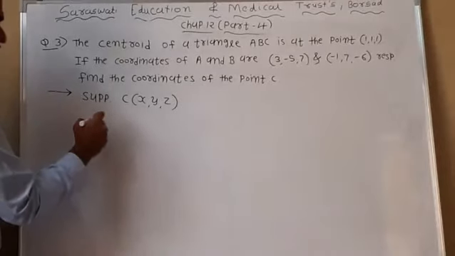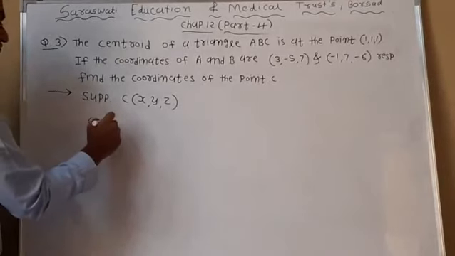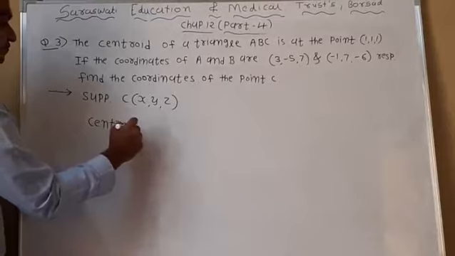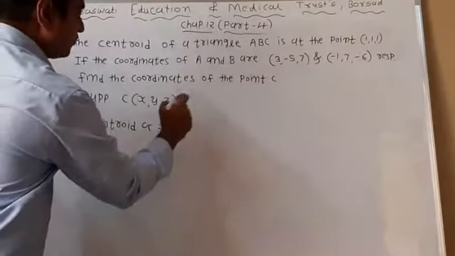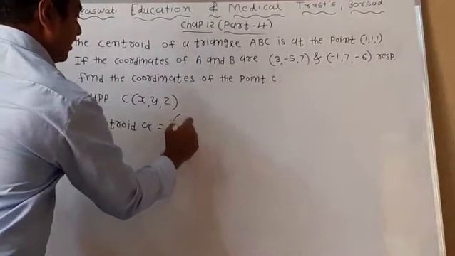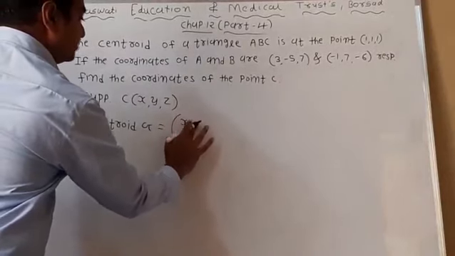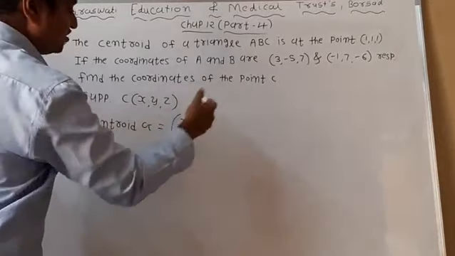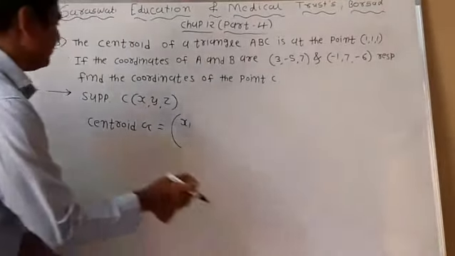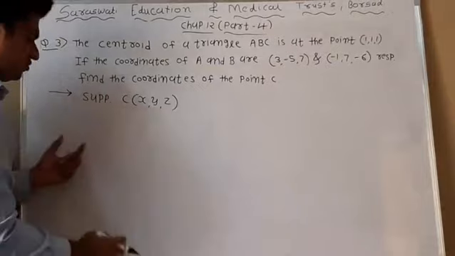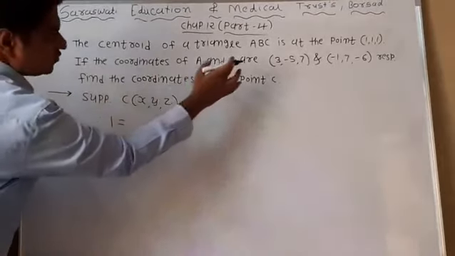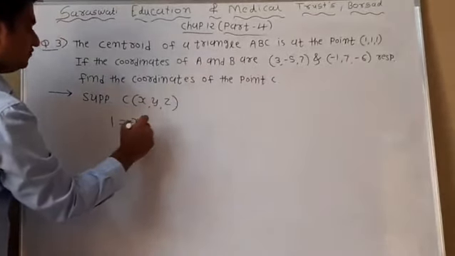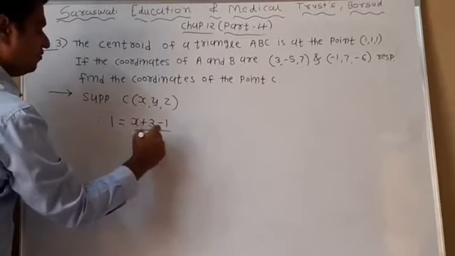Now the centroid G is equal to (x1 + x2 + x3) divided by 3. So here we can write it directly, no need to write the formula. So 1 is equal to (x + 3 - 1) divided by 3.